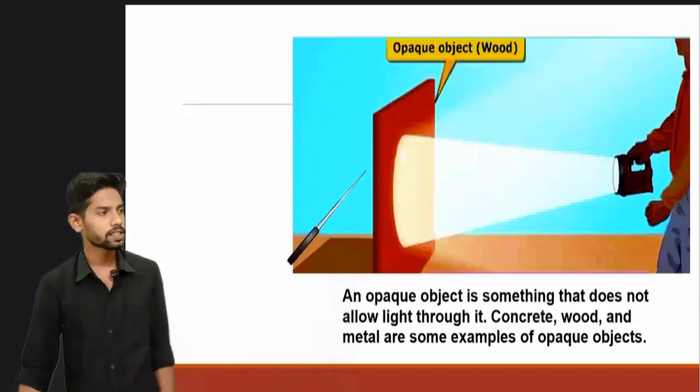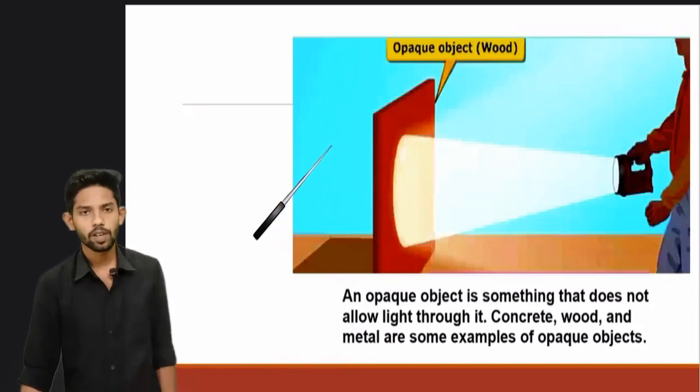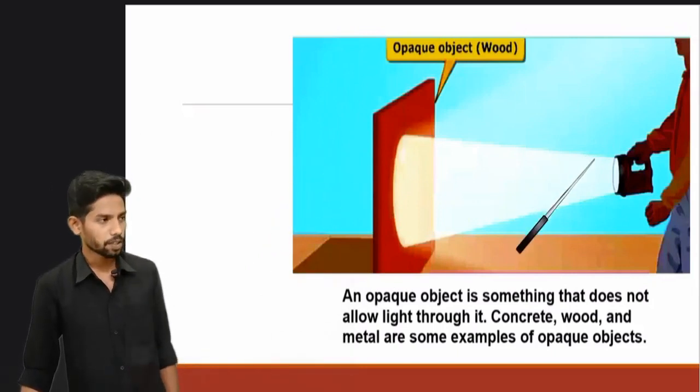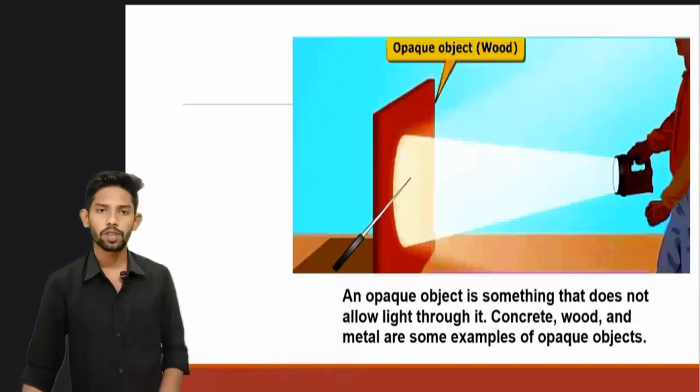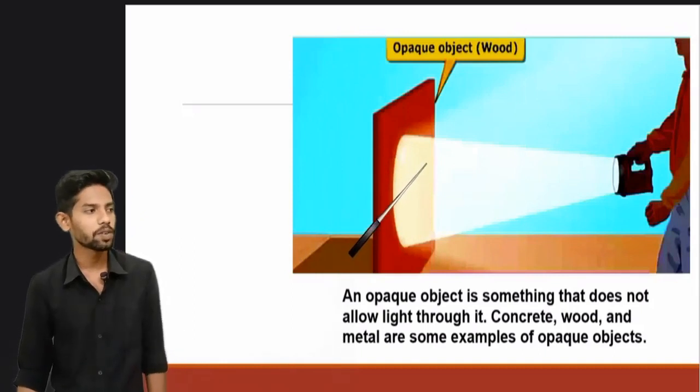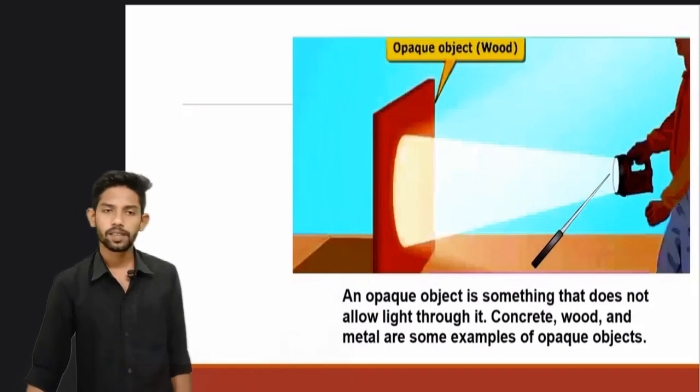You are not seeing any light coming out this side, no. So the light whatever is coming is blocked totally. The light is not able to go outside the wooden piece, so it blocks the light.